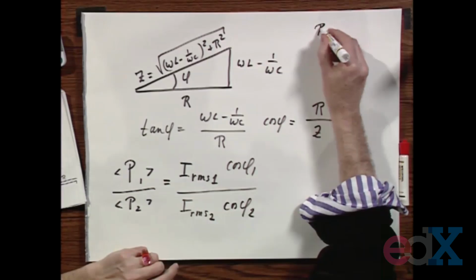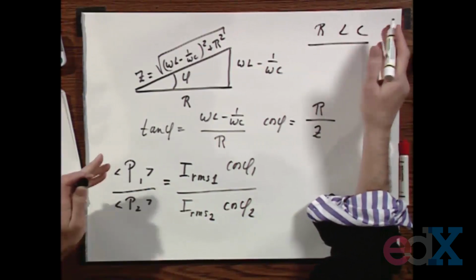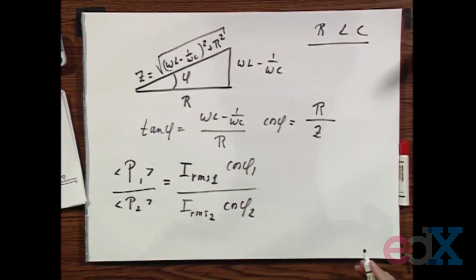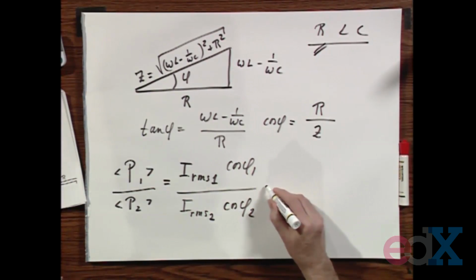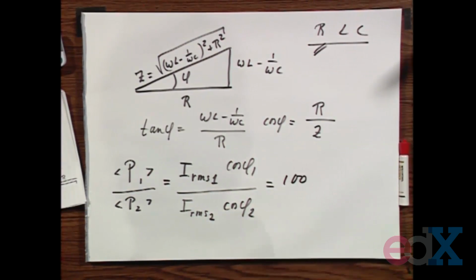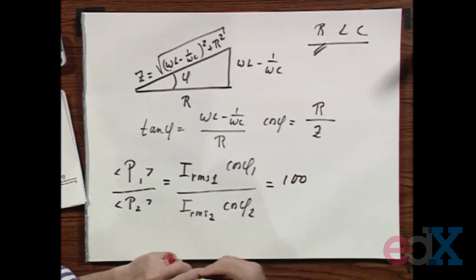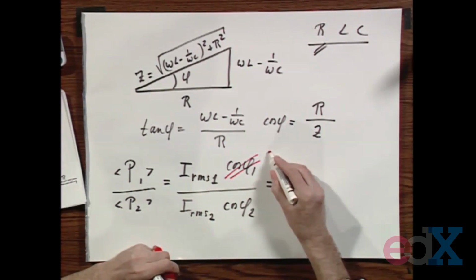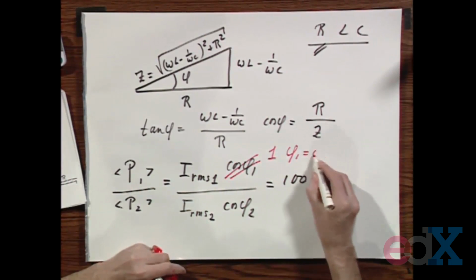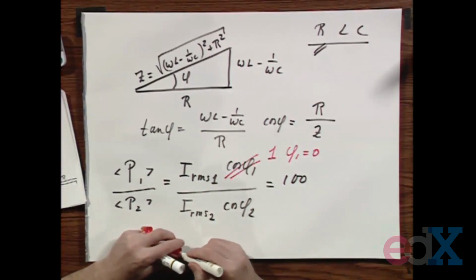Remember, the values for R, L, C are values that are going to be given. In fact, you have to calculate R now. And this value now, we want to be 100. Now at resonance, cosine phi 1 equals 1 because phi 1 equals 0. You can immediately see that here.